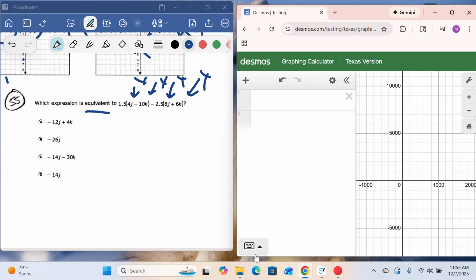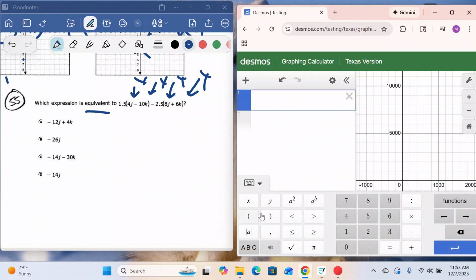I'm going to have to re-input because, again, sometimes I do make mistakes. Let me just 1.5, and then I'm going to open parentheses, 4x minus 10x, close parentheses, minus 2.5. And then I'm going to open parentheses, 8x, positive 6x, close parentheses, and I'm going to close it.